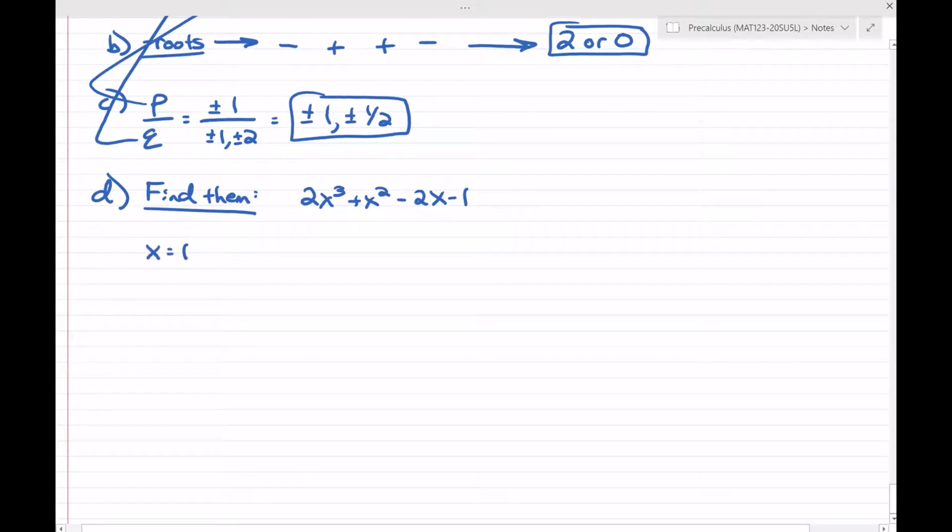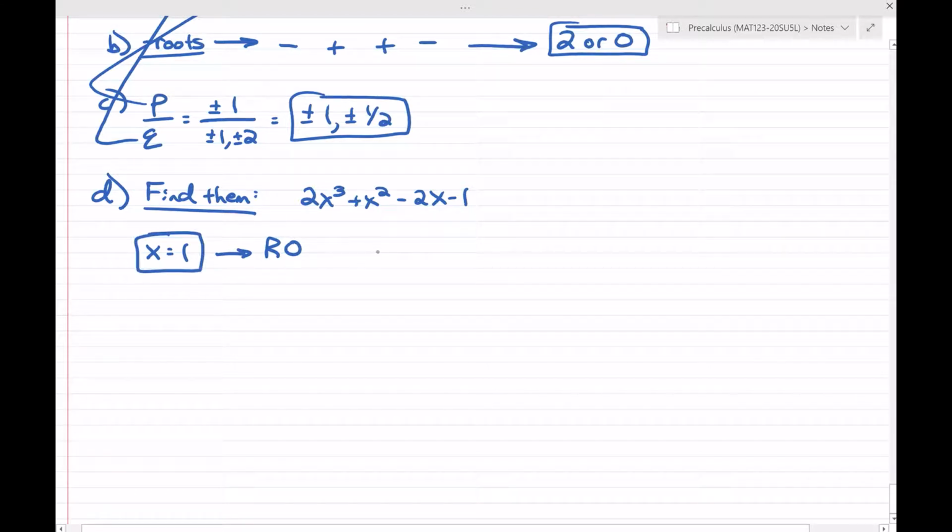If x is 1, I'm going to store that in my calculator. 1 store for a. And I'm going to type in 2 mem variable a to the third plus mem variable a to the second minus 2 mem variable a minus 1. And I get a remainder of 0. It's nice when it works on the first time. That means 1 is definitely a root.